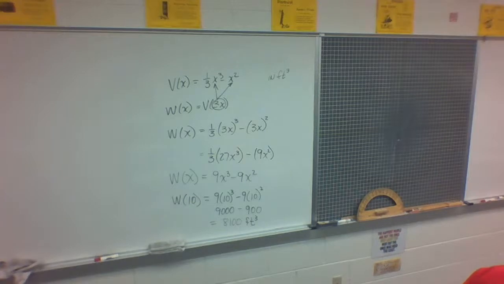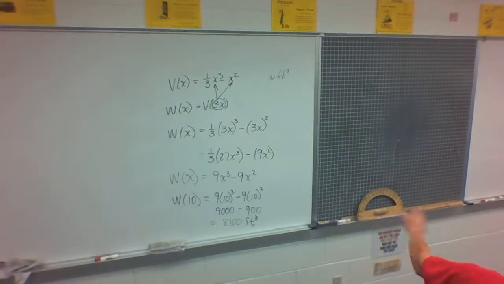You see where I'm getting the 7 from? Look at the pyramid. If the edges along the bottom were 10 yards, and I know they have feet there, but we've already done the conversion. These are in yards. The measurements are in yards. If the edges of the pyramid were 10 yards each, and the height of the pyramid were 7, do you see where I'm getting the 7? 10 minus 3. Oh, yeah. Okay.